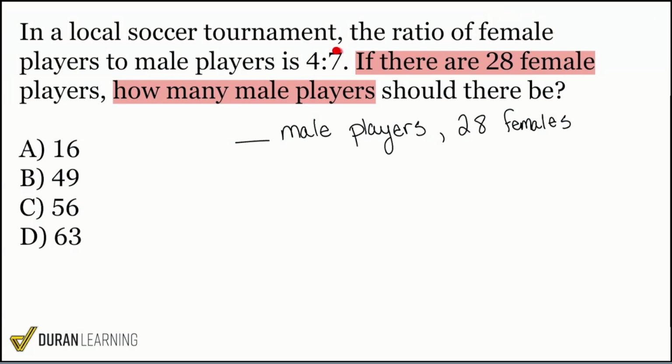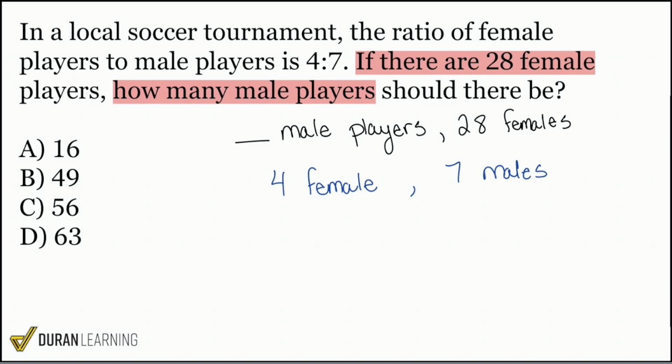Male is second, so male is 7. Exactly. That's all correct. Let's write that down here in blue. I'm going to say the ratio of female to male. Female was 4, and then 7 was for males, so 7 males. So I wrote that down correctly.